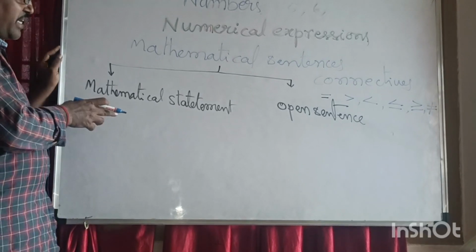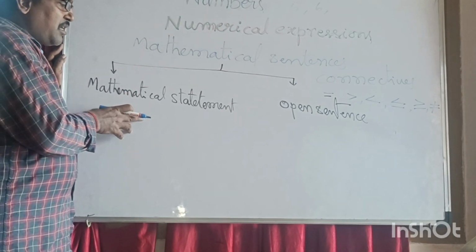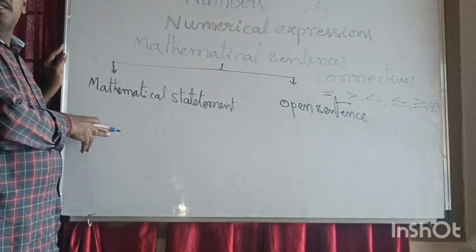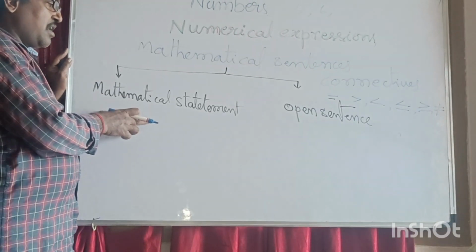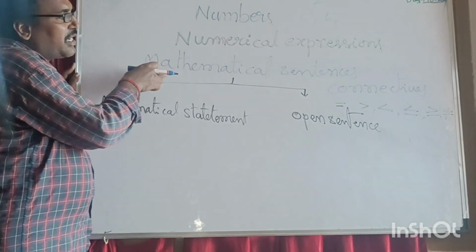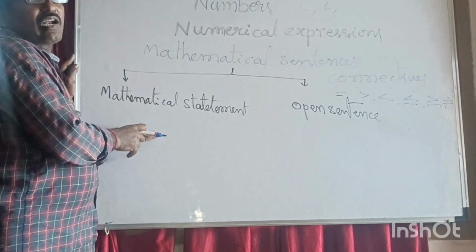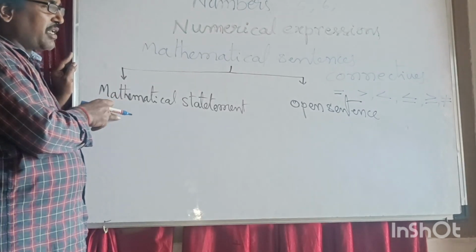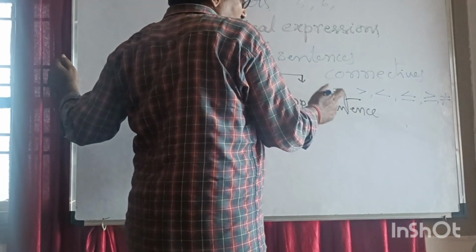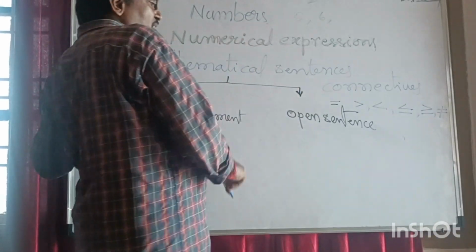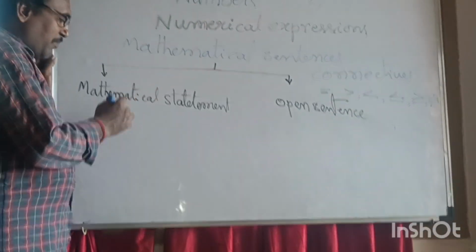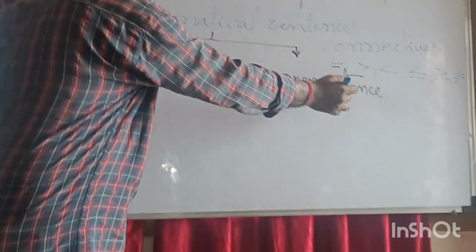A mathematical statement is one where you can always judge whether it is true or false. That means a mathematical sentence which can be judged as either true or false is called a mathematical statement. Open sentence means sometimes we cannot say whether it is true or false.